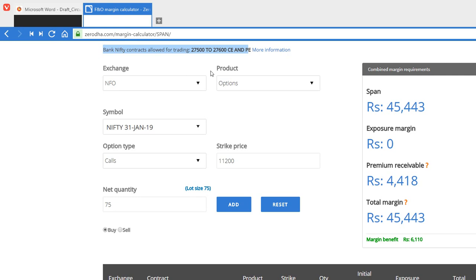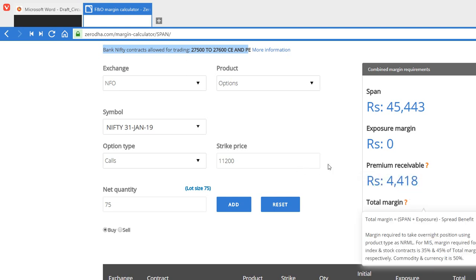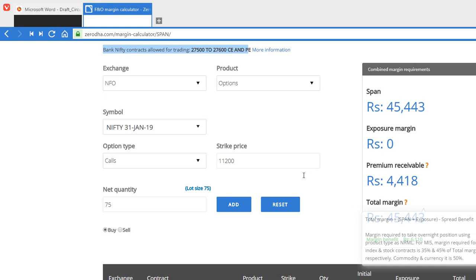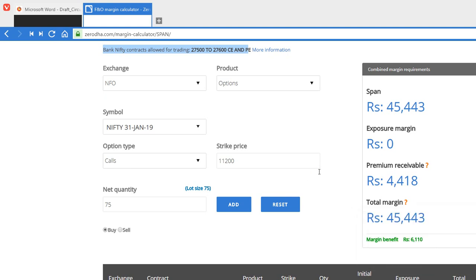Many people trade futures even intraday. It looks like the intraday margin will also increase, because if you are taking a position for intraday, approximately 40 to 50% of the total margin is required for intraday trading.